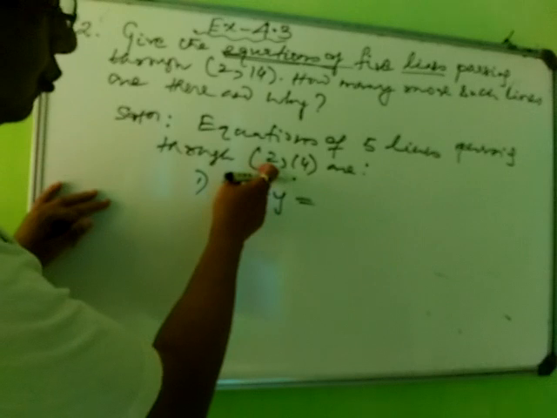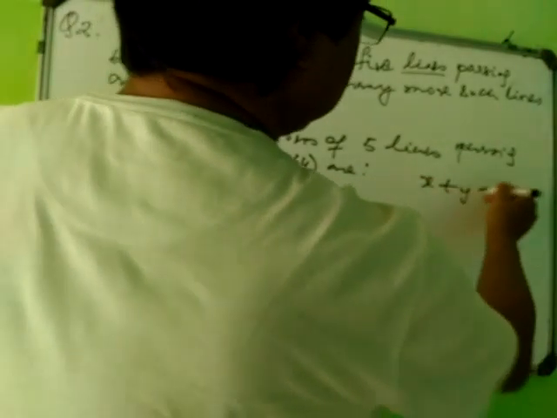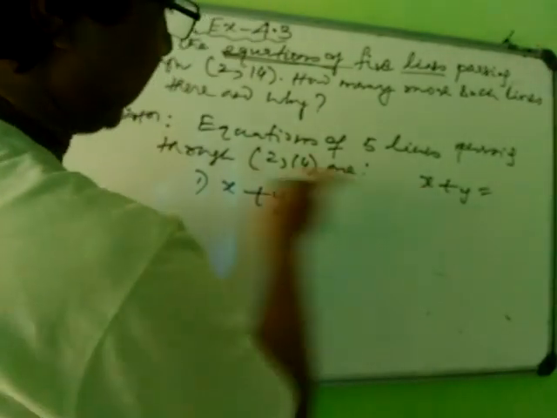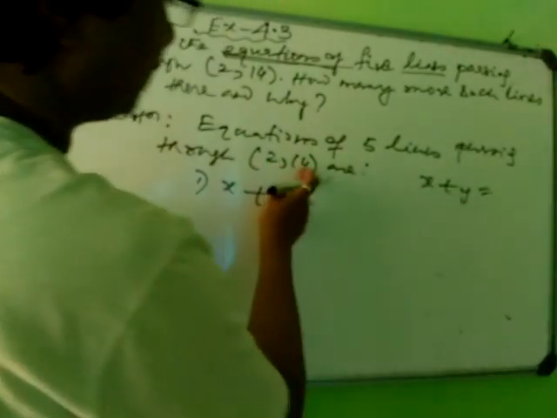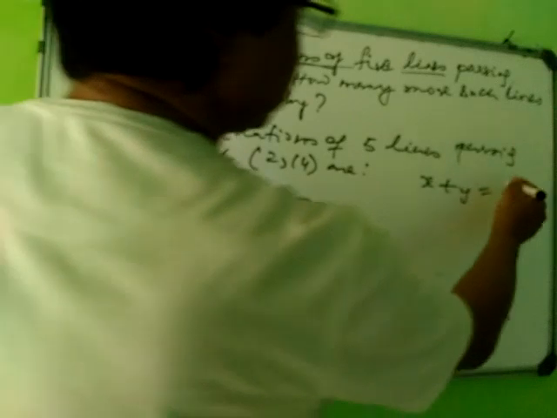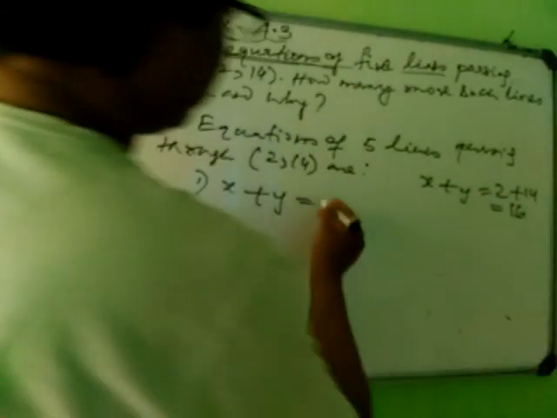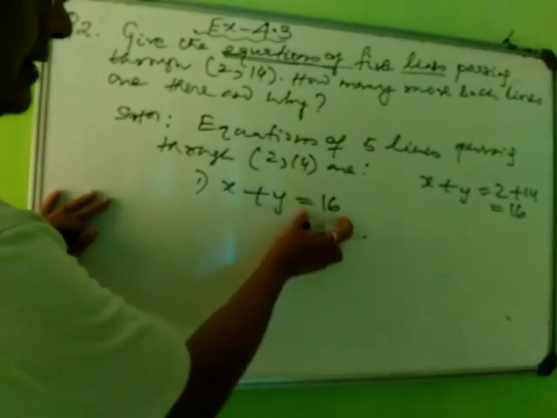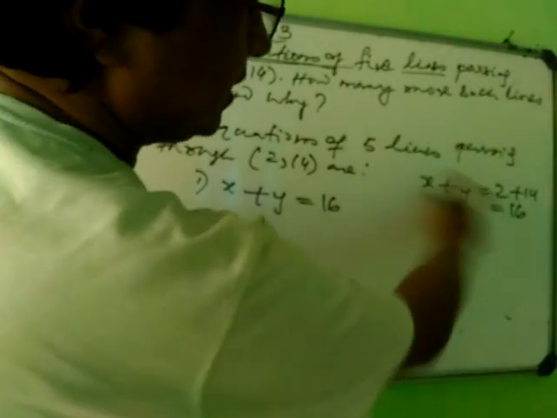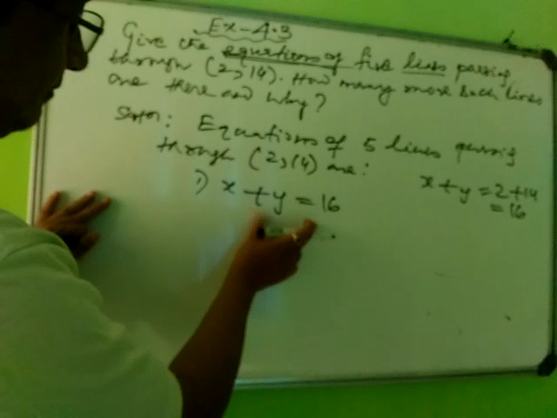So x is 2, y is 14. So x plus y, just to calculate, x will be 2, y is 14. So 2 plus 14, you have got 16. So it will be directly 16. You will write this way. So the calculation you can do this way, but the direct answer is this.